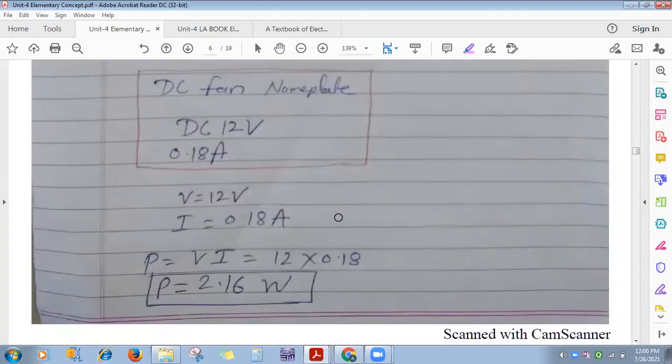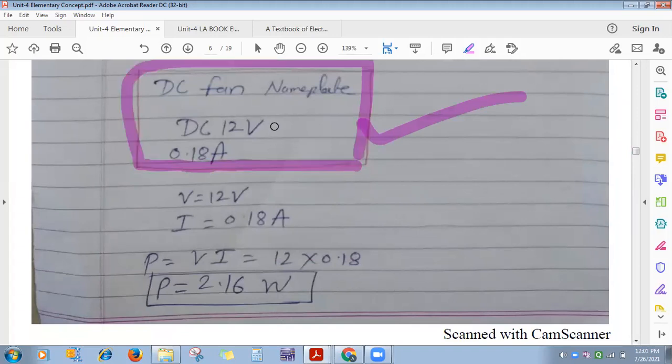Whenever there is any DC fan, and if you see the nameplate of a DC fan, what you will find on it are specifications like this. The voltage specification given is 12 volt, and the current specification given is 0.18 ampere. What does it mean? You cannot apply voltage beyond this across it, only up to 12 volt.